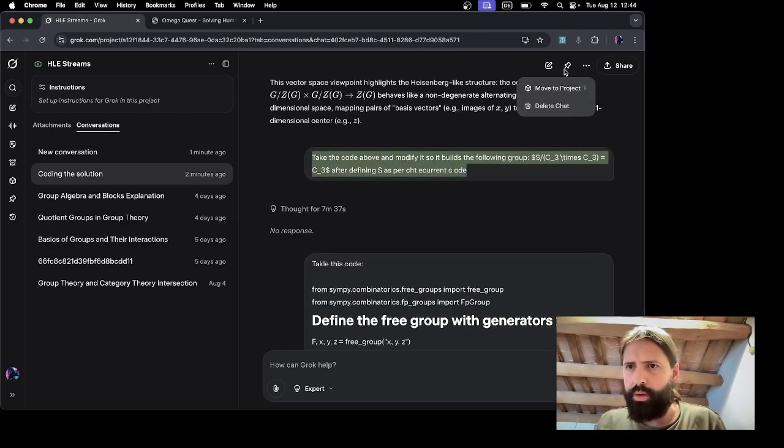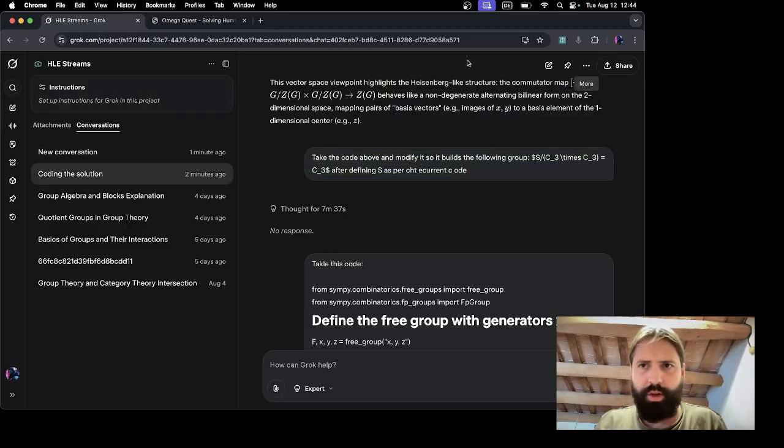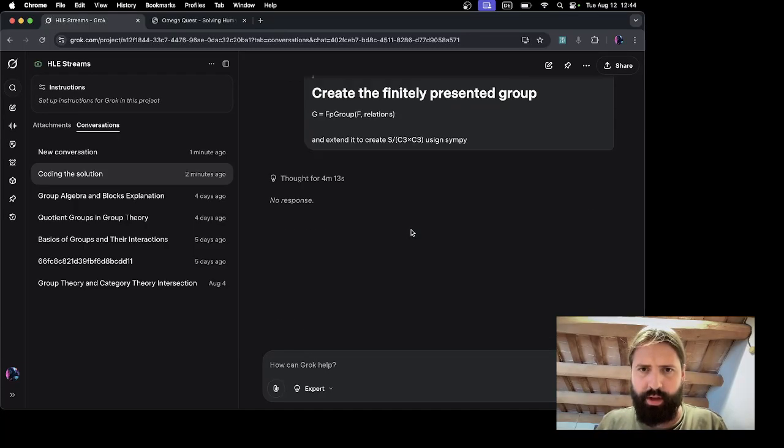How can I open the code? Move to project. It's in the project. I wanna open, there should be a nicer way to open the code, like the code layer here on the side. Can you open the last coding block we were working on.